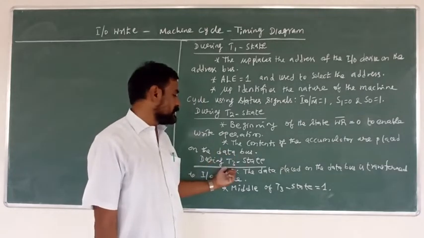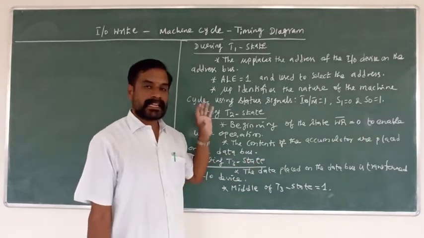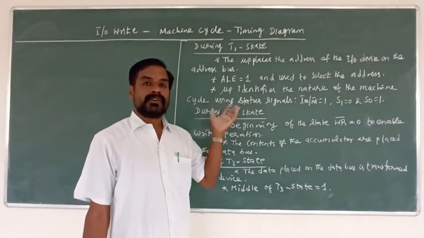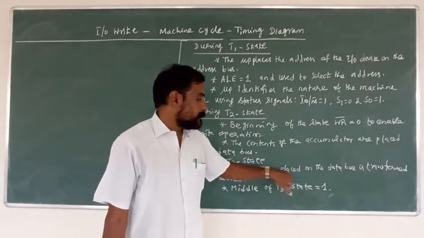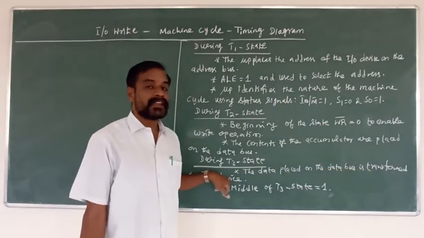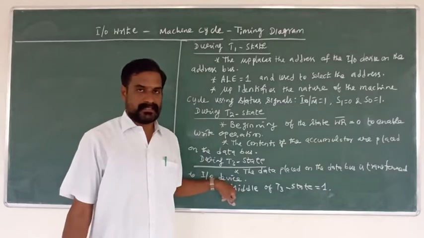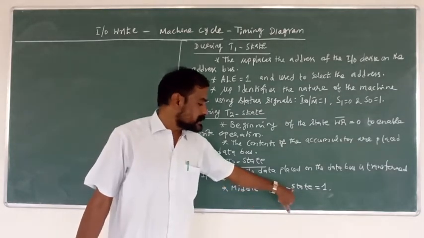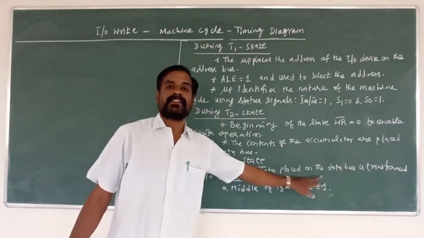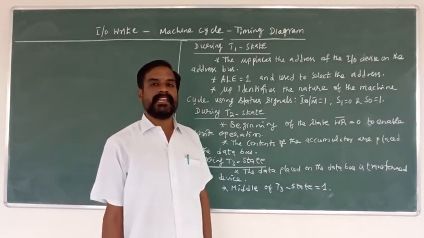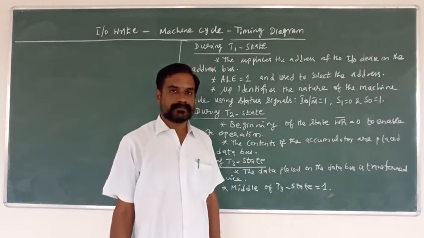Next, during the T3 T state, the accumulated data is placed on the data bus, and the data bus data is transferred to the input output device. After that, in the middle of the T3 T state, the write signal goes to the high state. At that time, the write operation will be disabled.